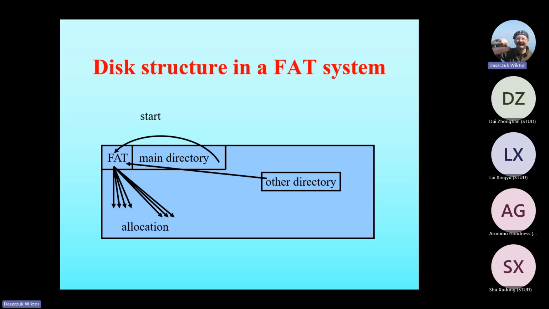This structure was not free from errors, because they assumed that the main directory is in a known place, so we need not describe the main directory in FAT. And the chain for the main directory was not established.